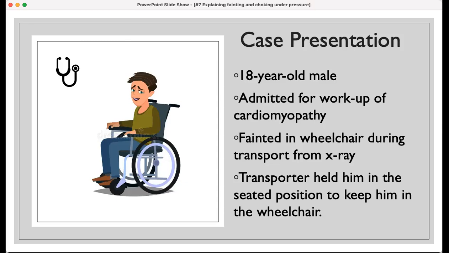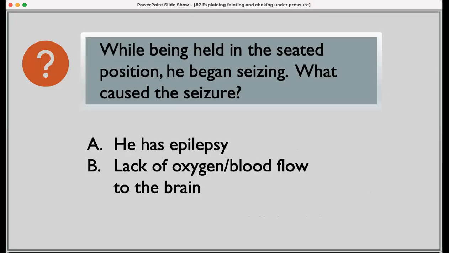As they were bringing him back, he started to slump in the chair. And so the transporter dutifully held him by his shoulders, sitting upright in the wheelchair. And he quickly had a full seizure. So while being held in the seated position, he began seizing.